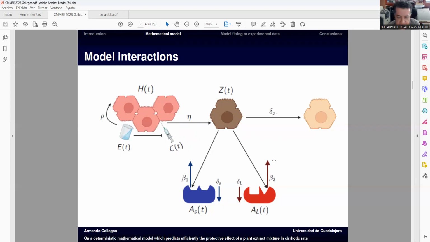And it's well known that the protein levels, AST and ALT, increase in terms of the damaged hepatocytes.